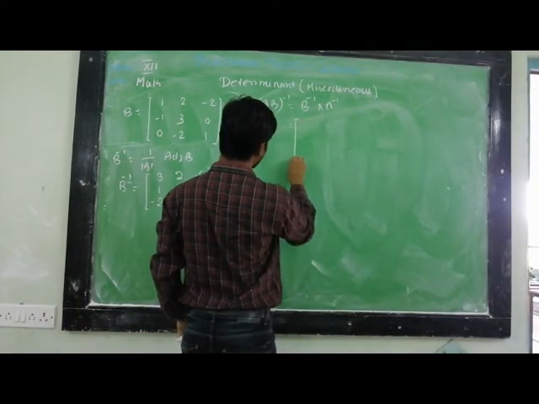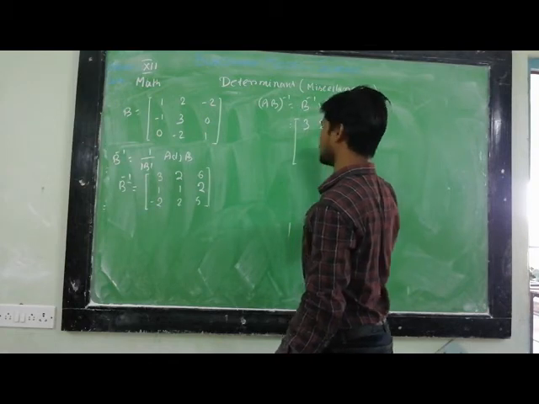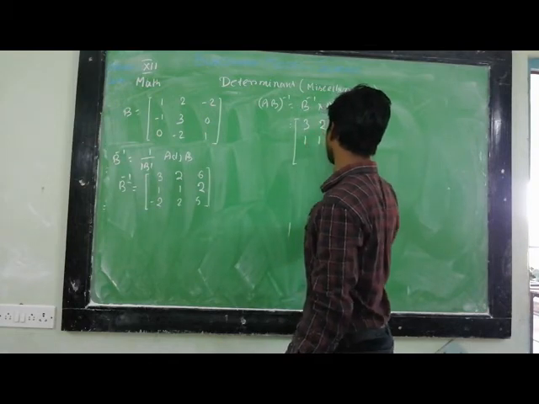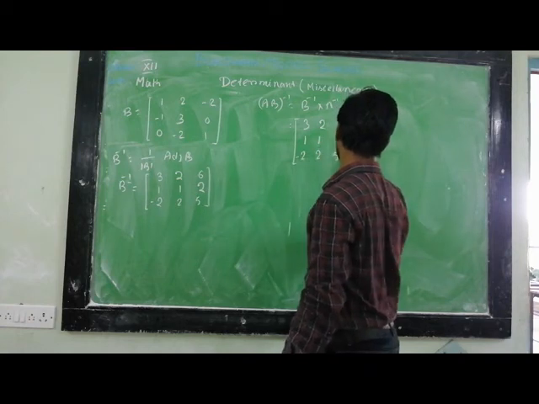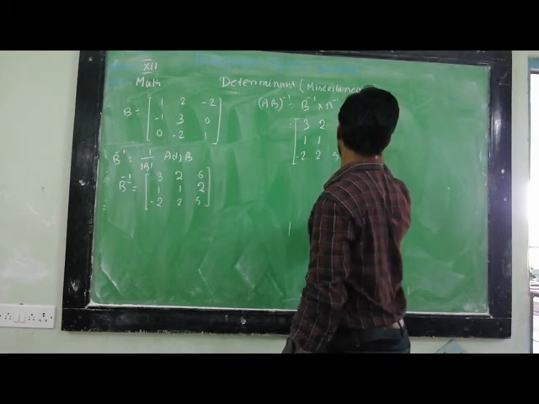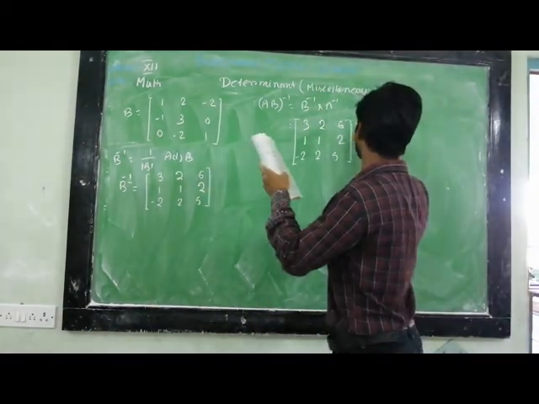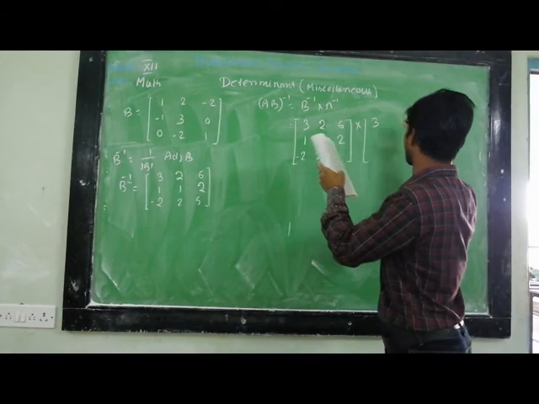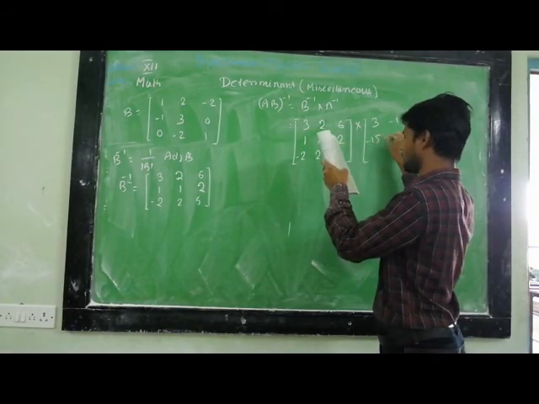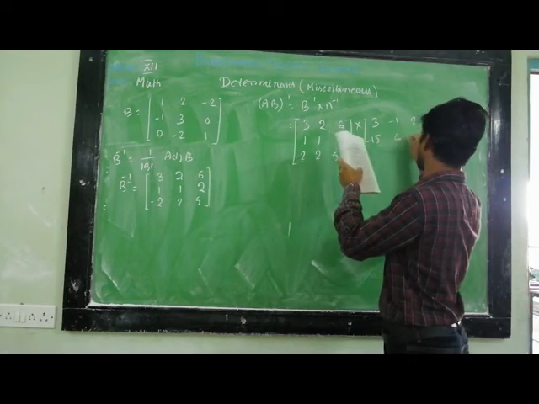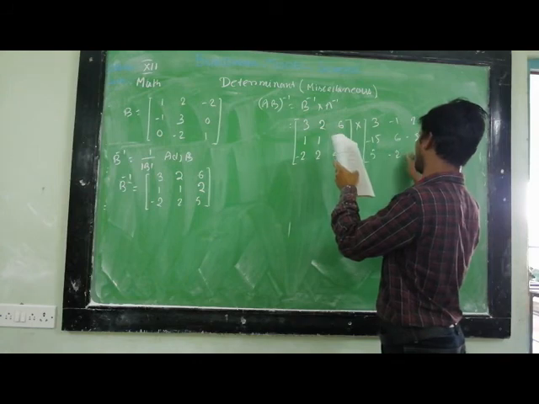So put the value of B inverse, that is 3 2 6, 1 1 2, minus 2 2 5, into the value of A inverse, which is given: 3 -1 1, -15 6 -5, 5 -2 2.